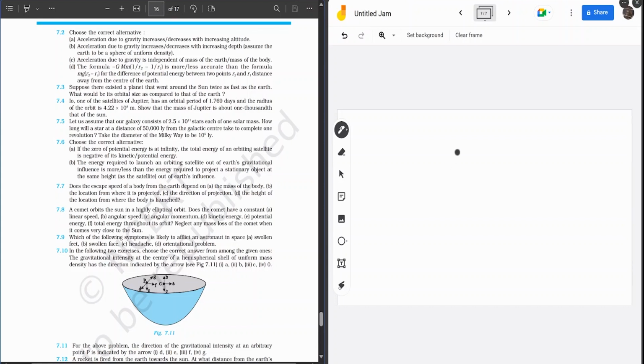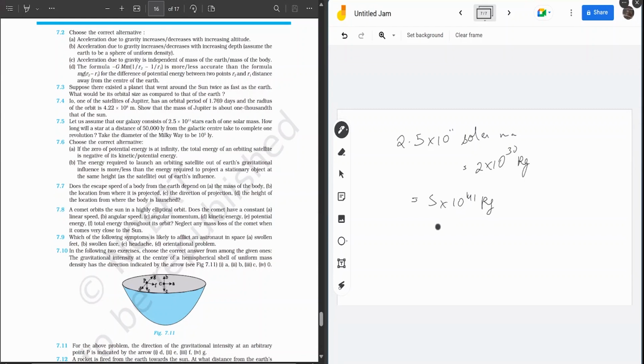Okay. So mass of galaxy is 2.5 into 10 to the power of 11 solar mass. And one solar mass is 2 into 10 to the power of 30 kgs. Okay. So mass of galaxy will be 5 into 10 to the power of 41 kg.